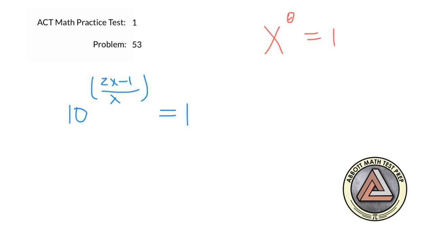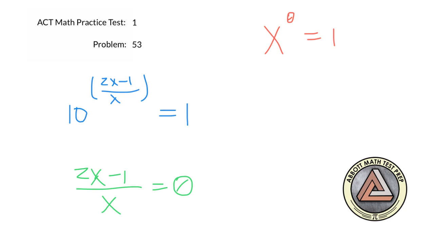So what's kind of cool about this is you could just forget about the 10 and the 1 and just work with this exponent. I mean, the bottom line is we know that (2x minus 1) all over x equals 0.